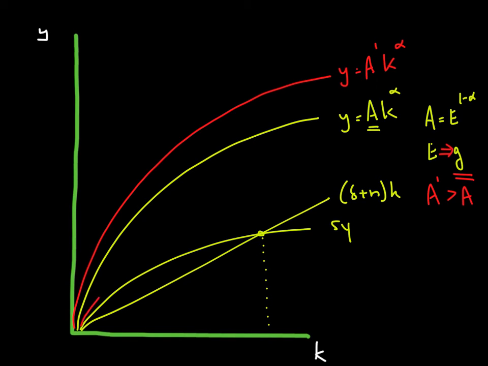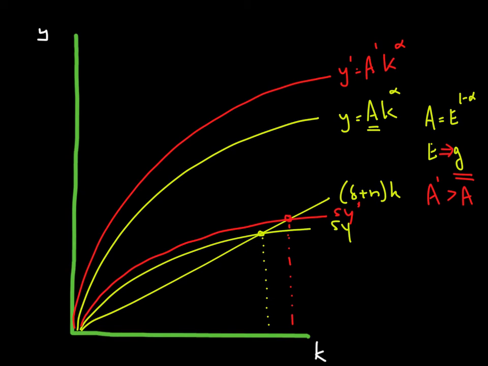And if that shifts up, then our savings function will shift up as well, because we'll have a different y now. And you can see now that our steady state is going to be increasing.